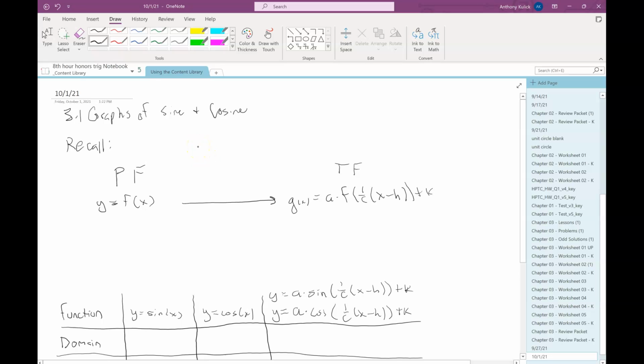That's how to transform an equation. Everybody's cool on that? Remember that guy from before? And I also have a graphical way to transform them. So if I take a point from the parent function, I can transform it to a point in my transformed function by doing that.